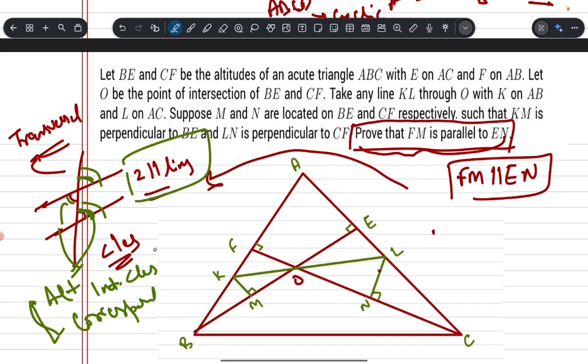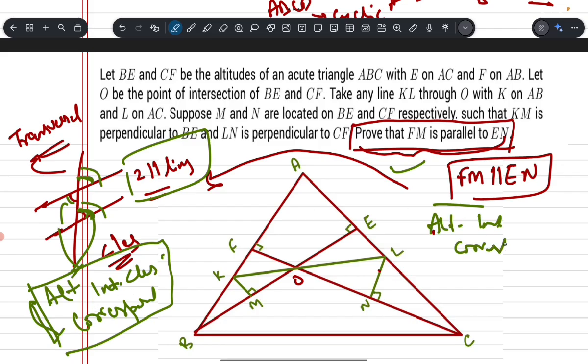We were given two parallel lines. Now we have to prove that two lines are parallel. Now, can I say if I can find these angles to be equal, then I can conclude that the two lines are parallel? Perfect. So I'll have to find two pairs of maybe alternate interior angles or corresponding angles and then prove them to be equal in order to prove that FM is parallel to EN.